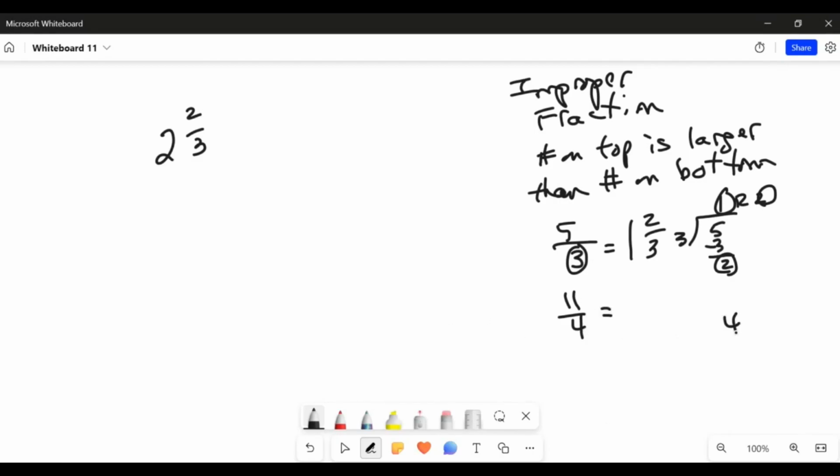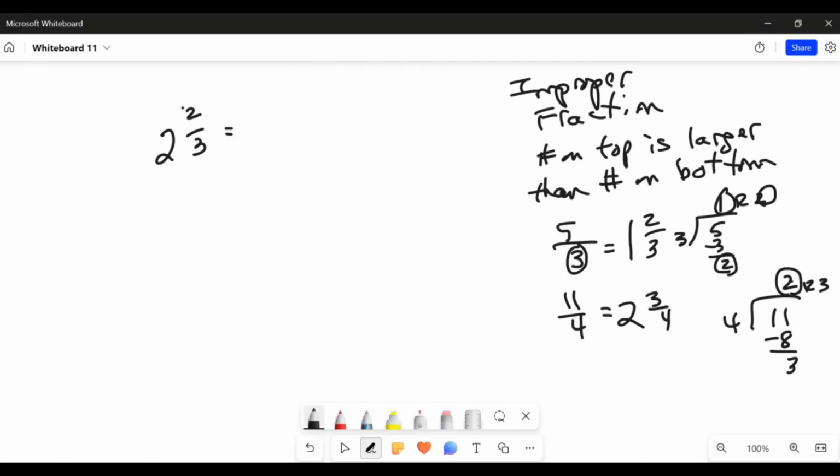11/4. We divide 4 into 11. 4 will go into 11 twice. 4 times 2 is 8. 11 minus 8 is 3. So 11/4 is 2 wholes and 3/4 left over.